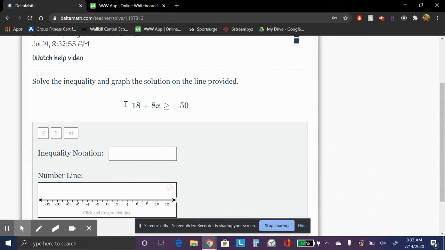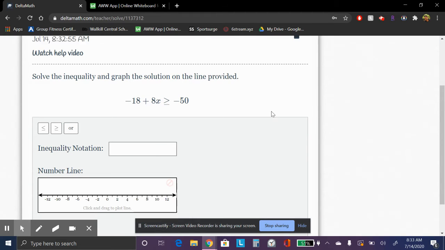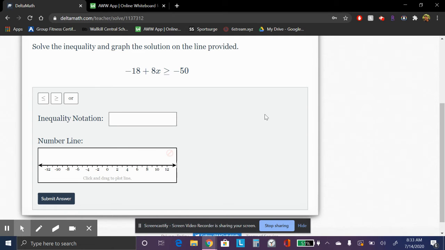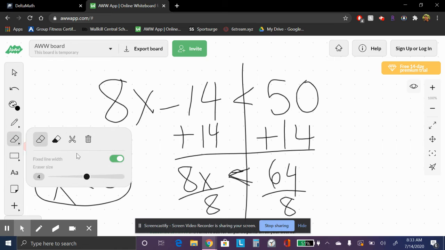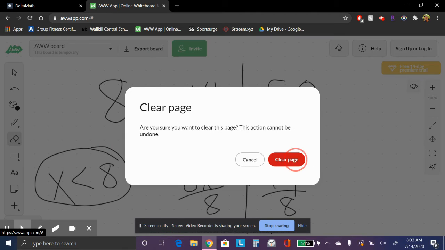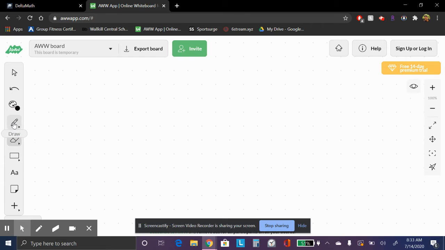All right, let's look at this one: negative 18 plus 8x is greater than or equal to negative 50.